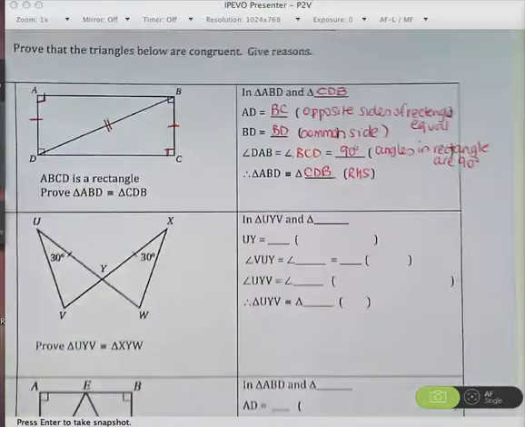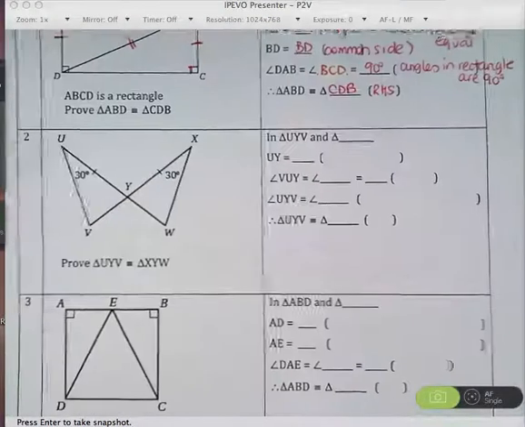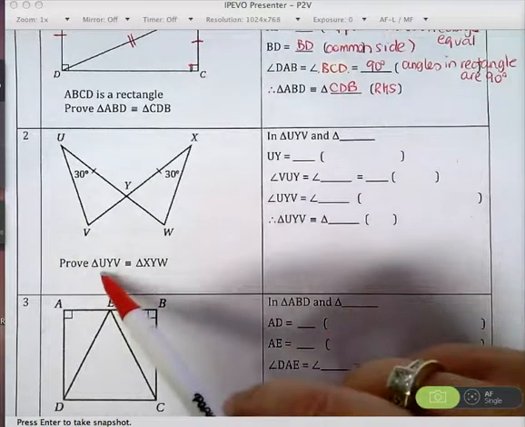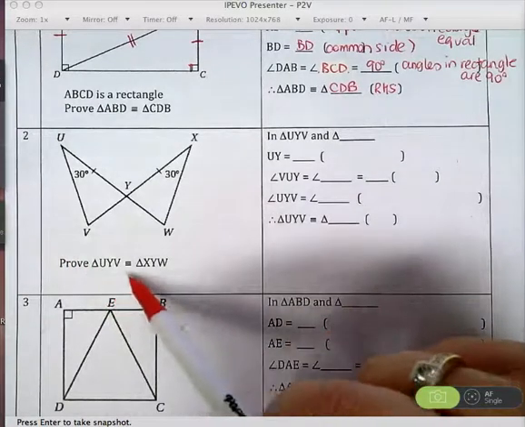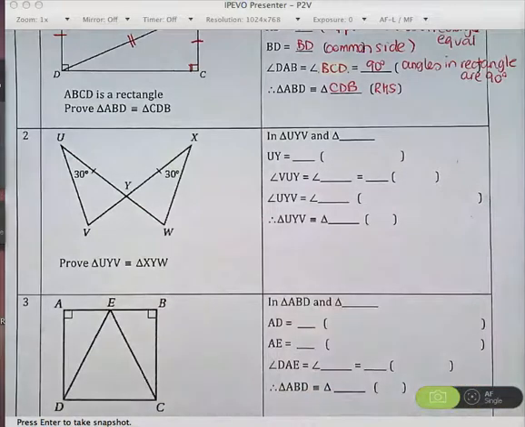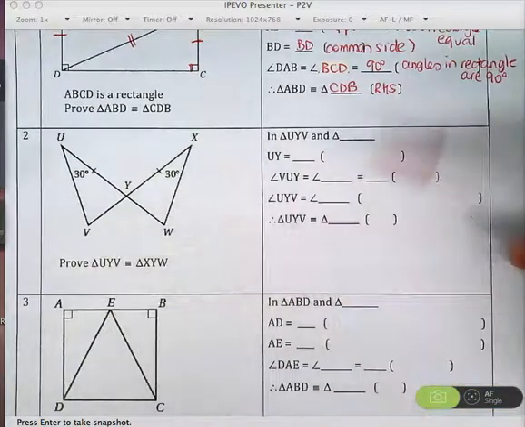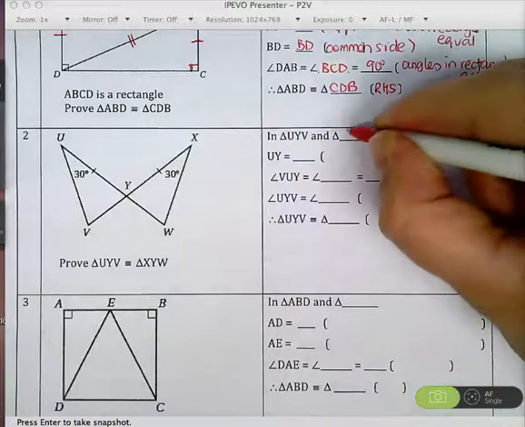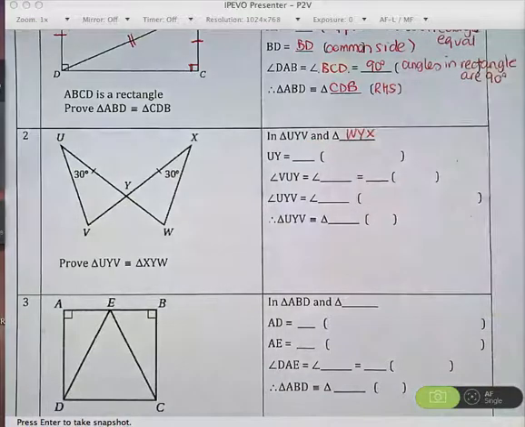Okay, now for the second question. In this question, we have to prove that triangle UYV is congruent to triangle XYW. So we first start off by saying in triangle UYV and triangle XYW, what do we have?